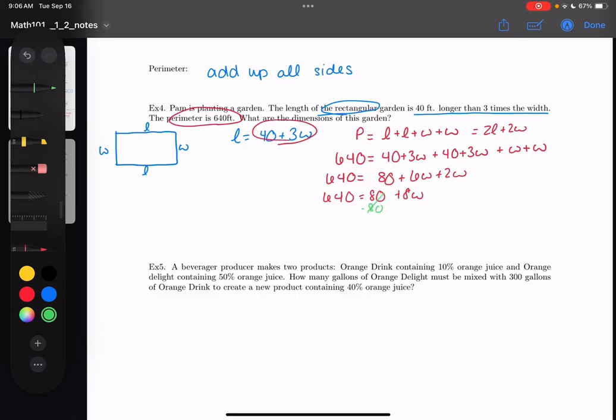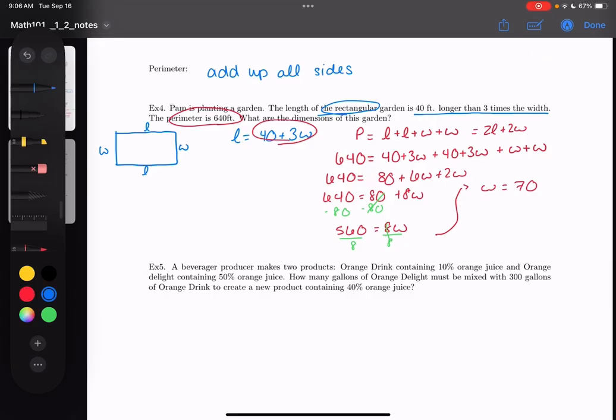Subtract 80 because I'm trying to solve for W. That gives me 560 equals 8W. Divide by 8. And I get W is equal to 70. So my width is 70.